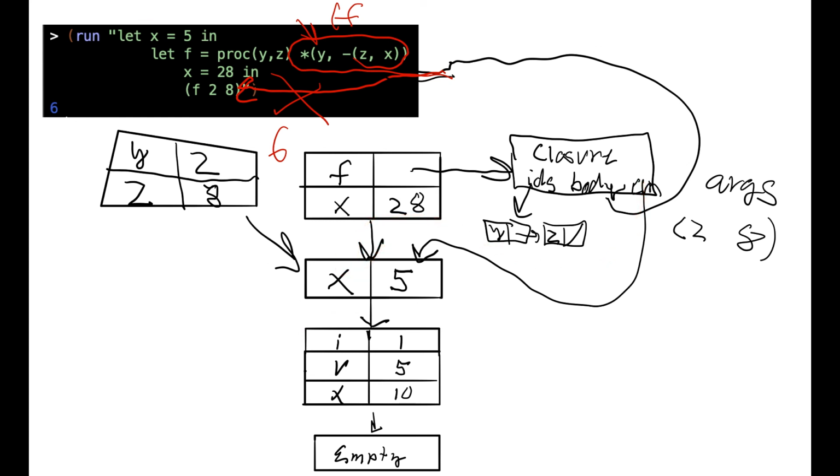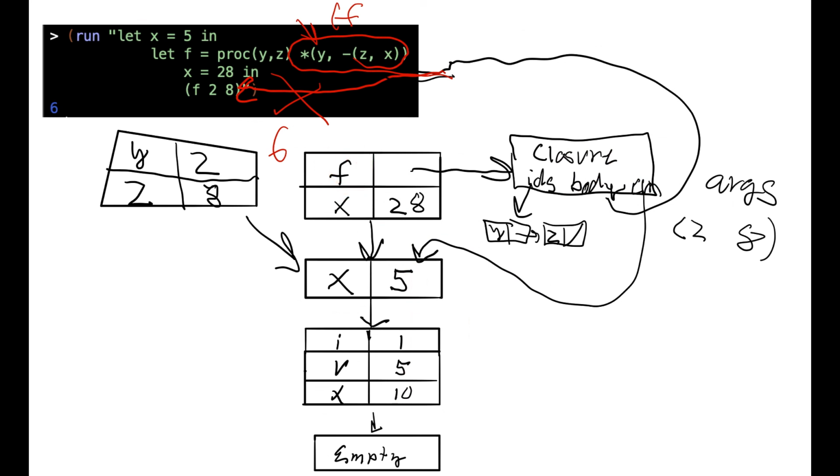So we cannot have recursive functions. The first time we call it, we'd find f in the environment and call it. But when the function tried to find f, it would not find it because f did not exist in the environment.